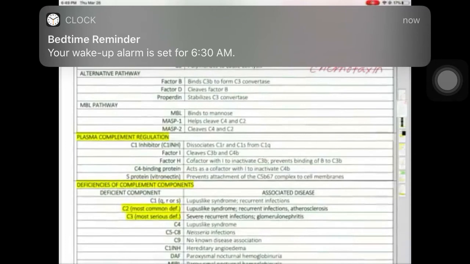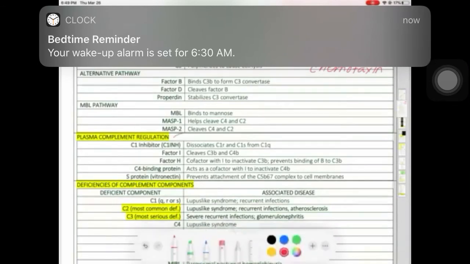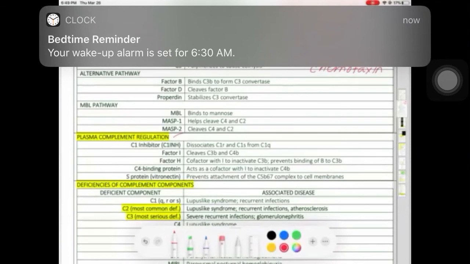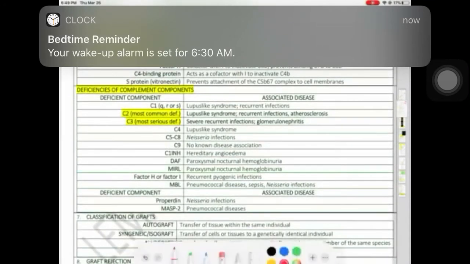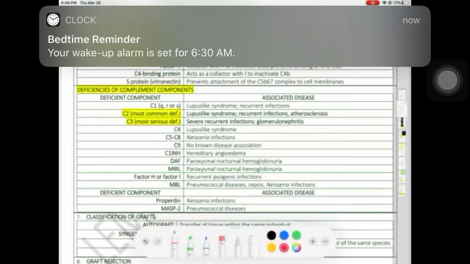Ang complement pag hindi na-control, pwedeng sirain even yung mga self-antigen. So, dapat ang complement po may mga regulators, katulad ng C1 inhibitor, factor I, factor H, C4 binding protein, and S protein or vitronectin. Kapag naman na-mention yung mga complement deficiencies, complement deficiency na pinaka-common is C2 deficiency, pinaka-severe, pinaka-serious, C3.